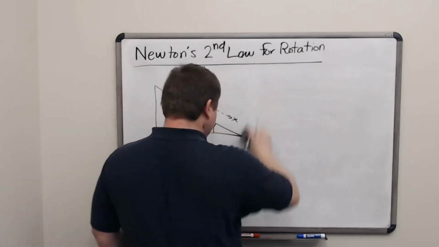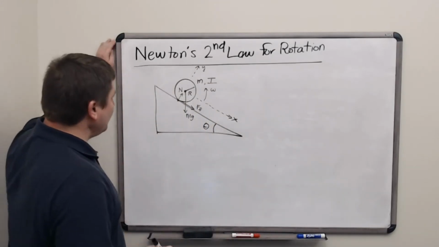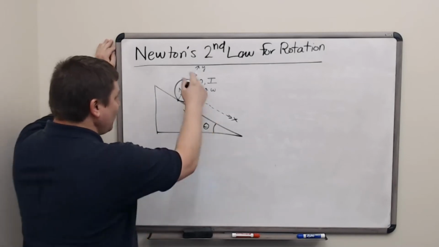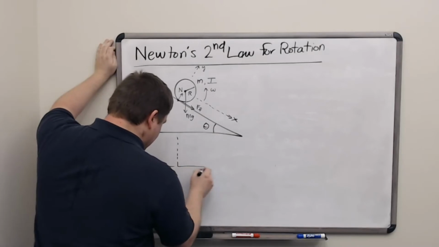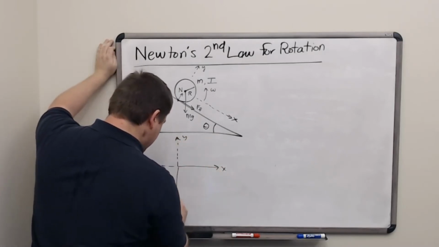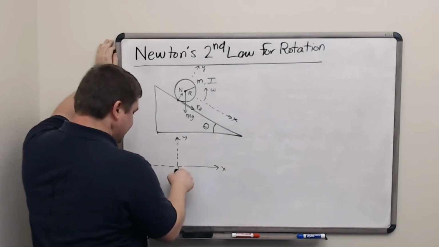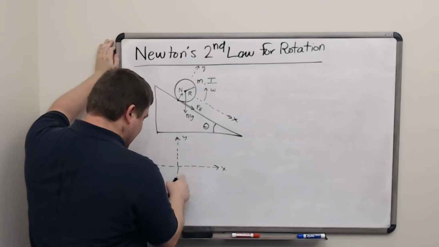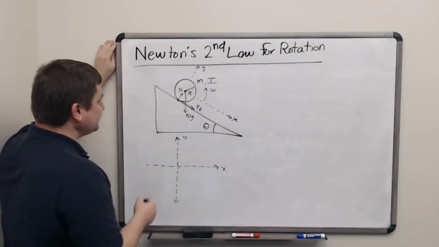Actually, before I write down the equations for motion, I'm going to redraw this diagram, with the axes x and y in a vertical and horizontal orientation. All right, we normally do this so that we do not mess up our sines and cosines for the components.